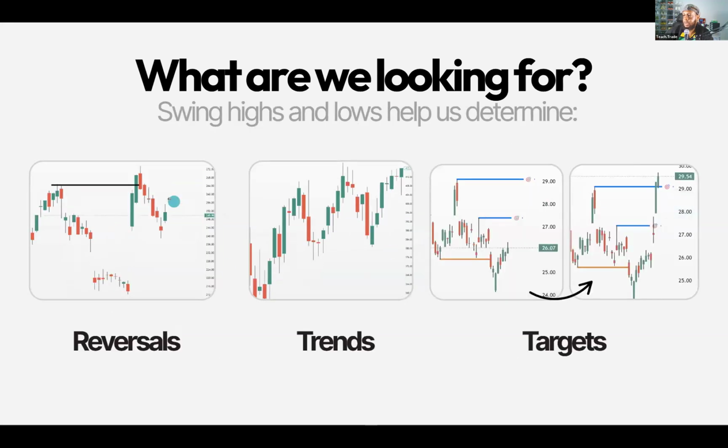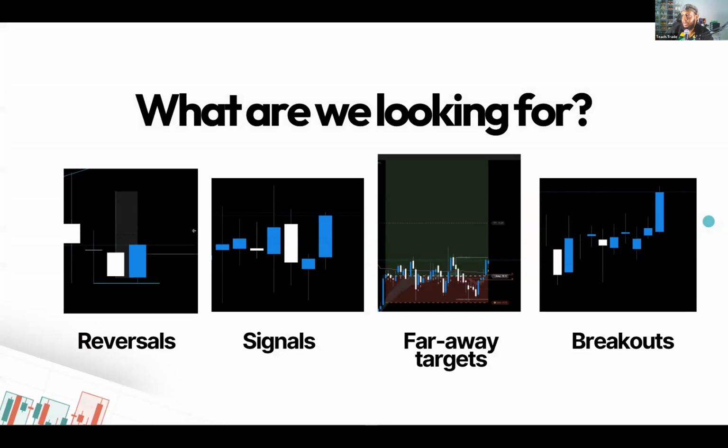Those are some of the things that we're looking for. Continuation, reversals, again trends, higher highs, higher lows, and target points based upon where price has been before, using those swing lows and swing highs. All right.